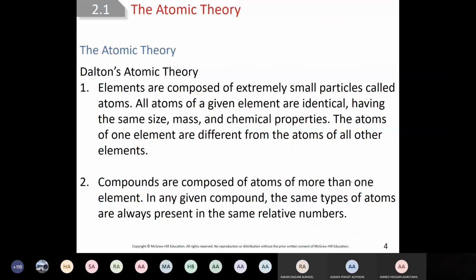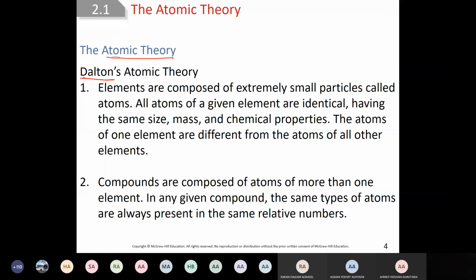Now, the first person who talked about atoms was a person called Dalton, and I want you to memorize the name very well. Dalton. It's required. I can ask you in the exam who is the first person who proposed the atomic theory, and you should answer me, Dalton. And what does he say?